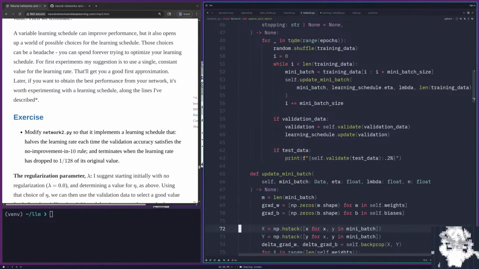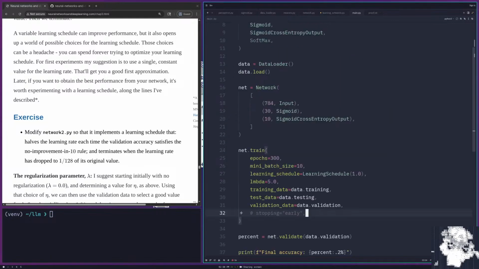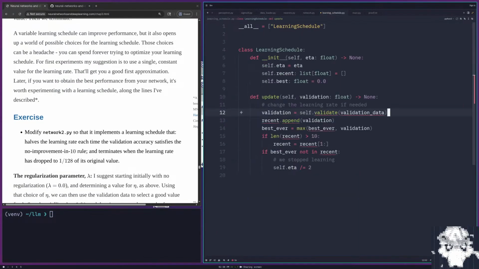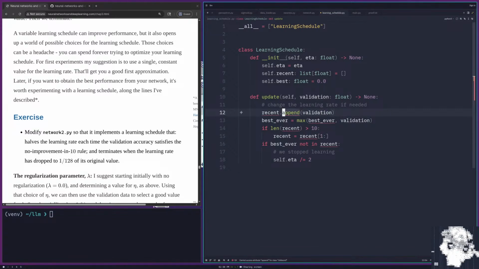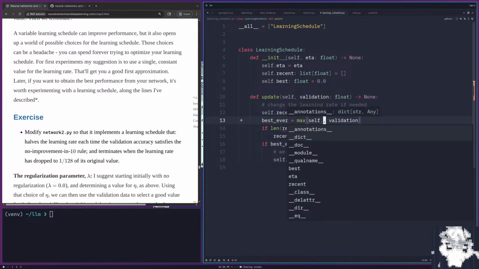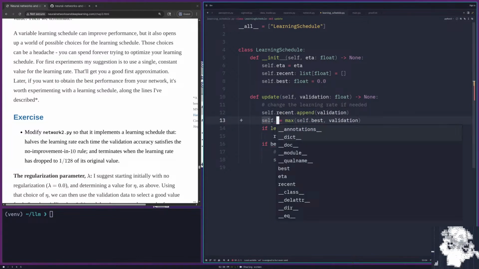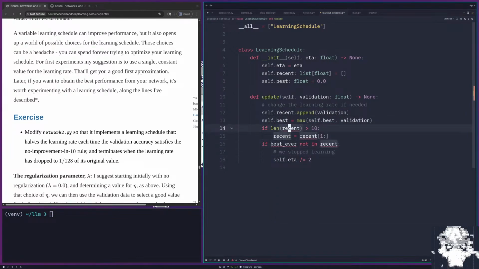I'm just gonna get rid of the stopping criteria. I don't think it's helpful right now compared to the learning schedule. Okay, so you just take validation as input. You've got self.recent to remember them across time. You've got self.best, self.recent, self.best.